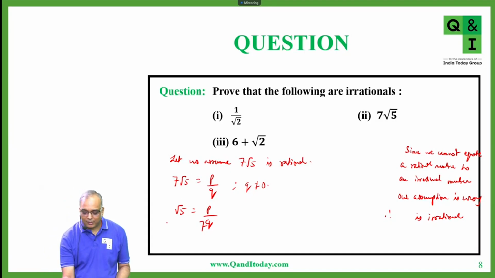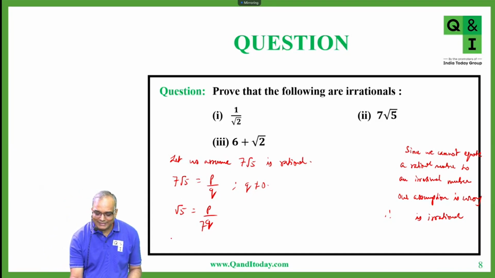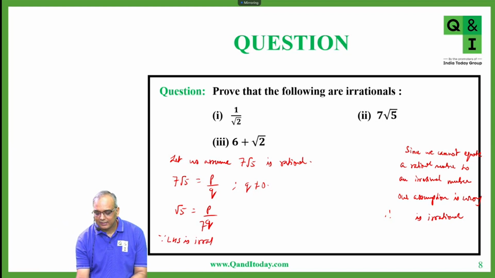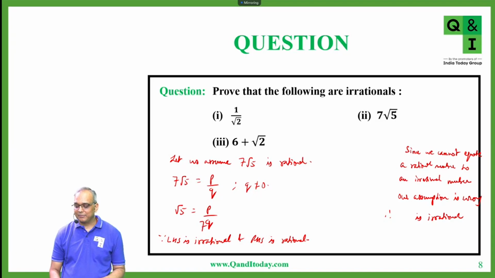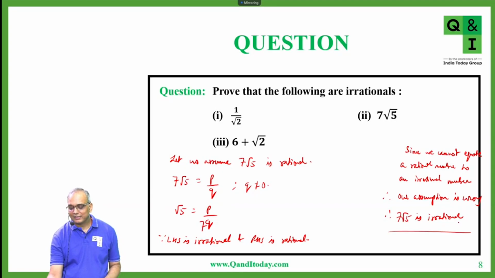So root 5, the LHS, since LHS is irrational and RHS is rational, we cannot equate the rational number to an irrational number. So hence our assumption is wrong. So this value 7 root 5 is irrational.